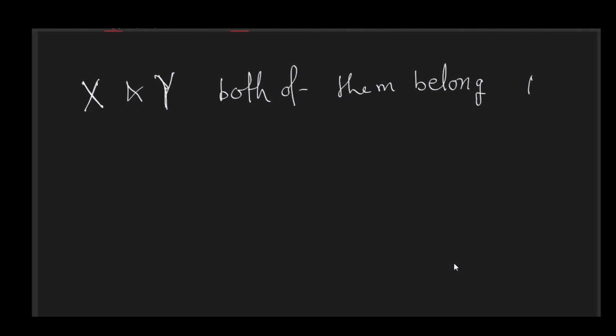How to show it? We can show that if we define two vectors x and y, both belonging to Fn, and then perform the addition, you will get the component-wise sum.